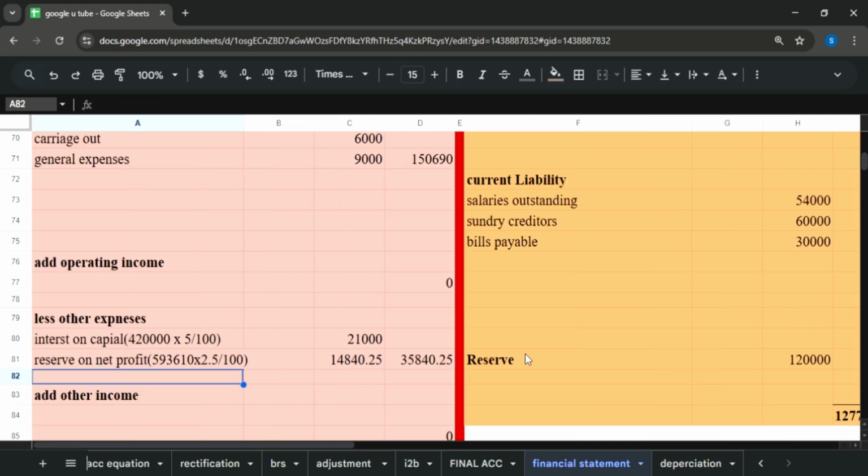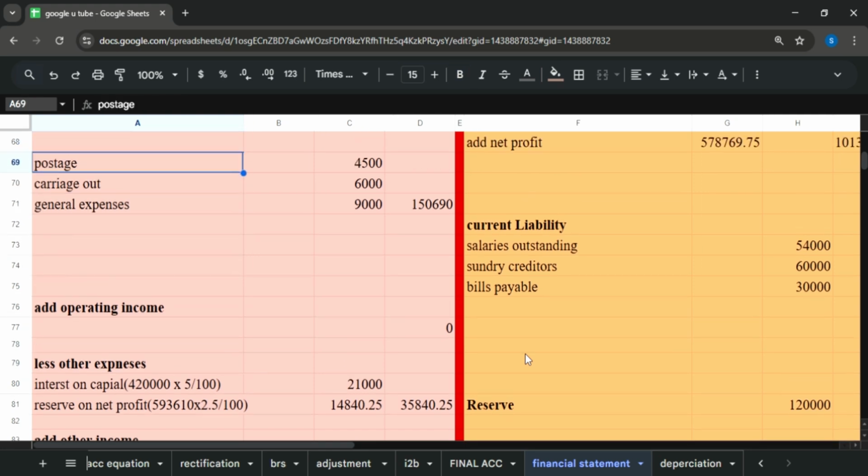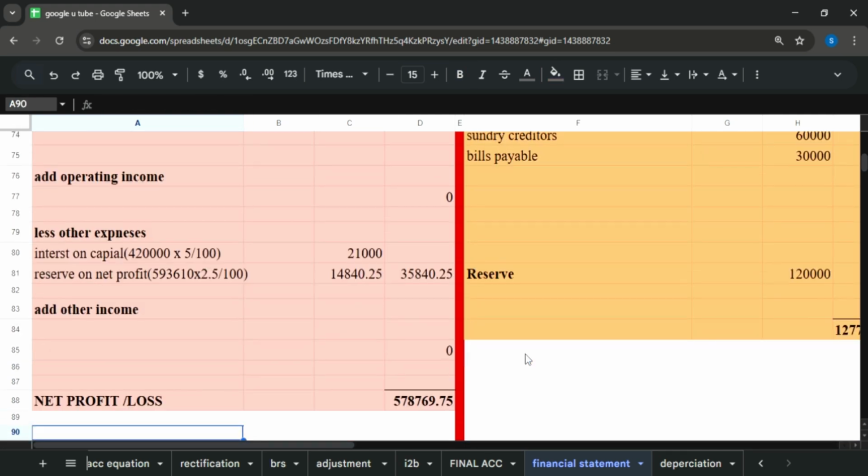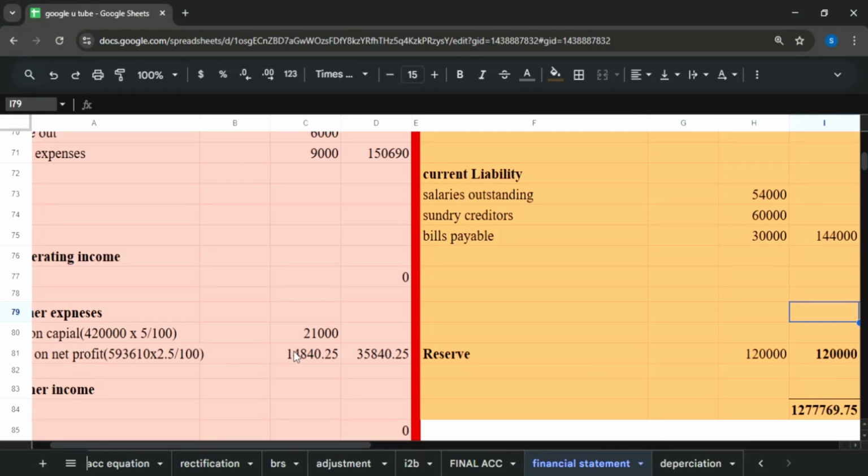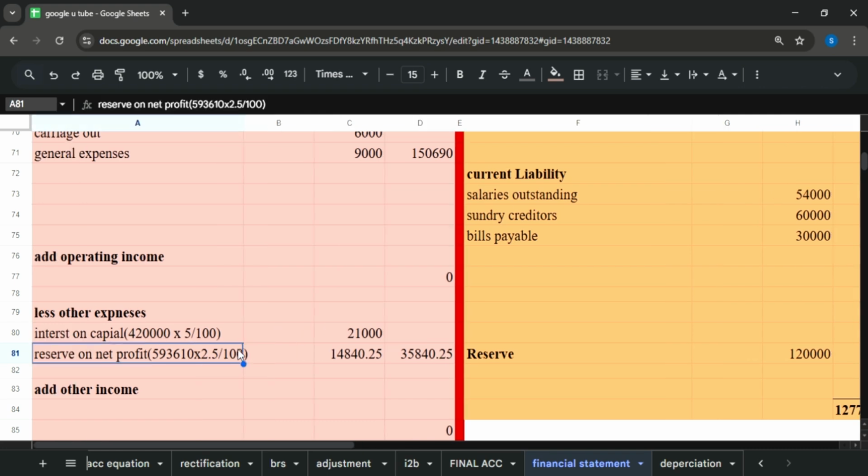Okay, so here we have to see reserve is 2. So guys, there is only one thing left. You can see that this reserve, please note it down, was calculated as 14840.